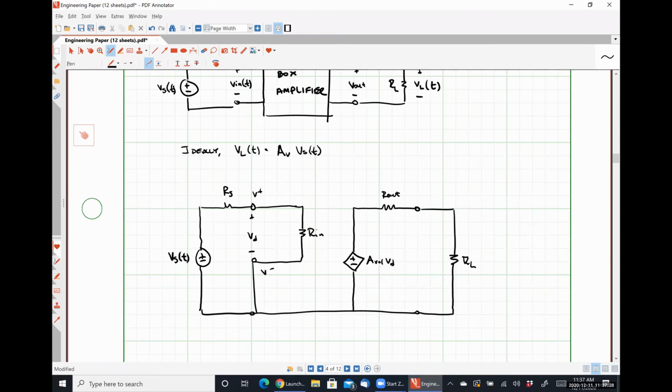And Vs of t. So what we are about to do is use our knowledge of circuit analysis to figure out what values of R in and R out will cause the system to behave in exactly this fashion. So let's start, VL of t.